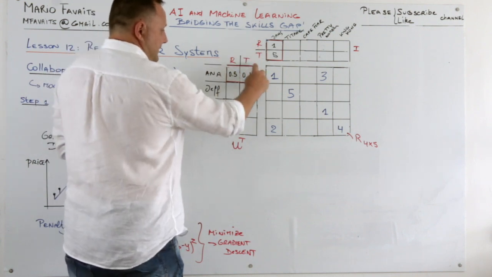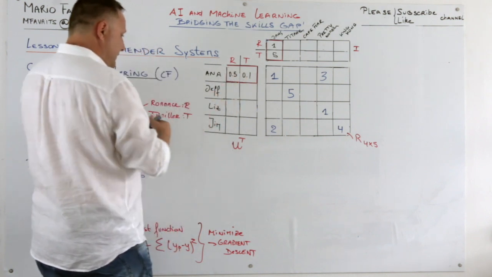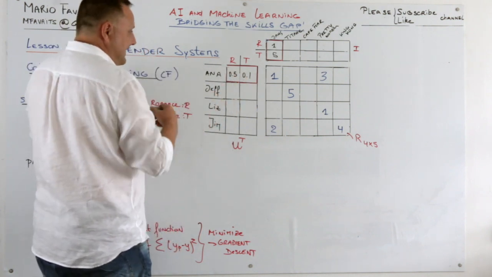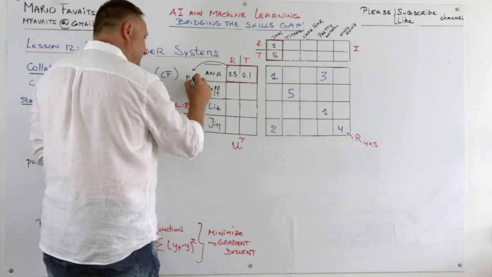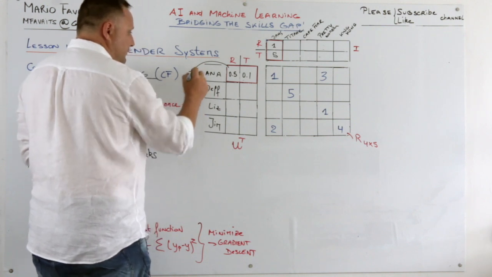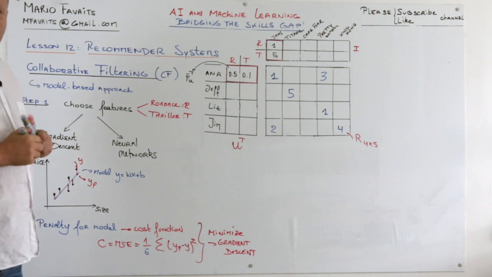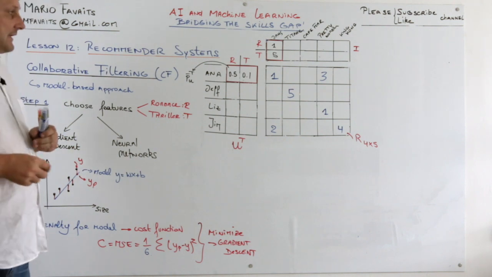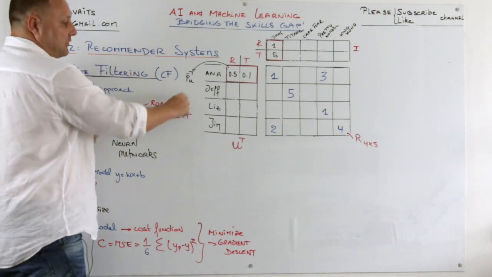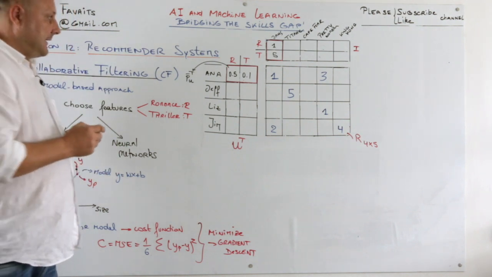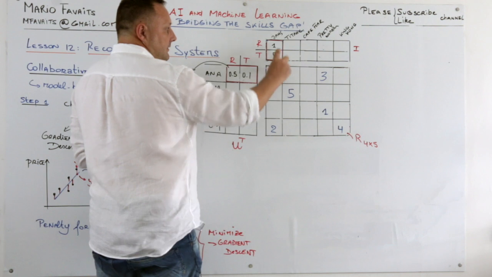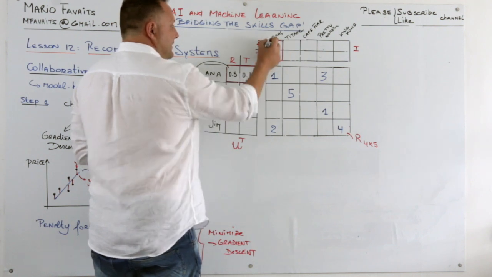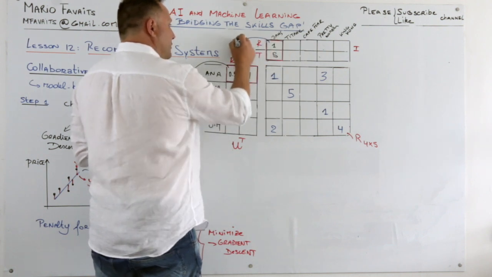So this red rectangle here is a vector that we will call P_u transpose. Now, because we want the vector to be a column, and this is a row, we transpose. And then here, this vector for Jaws, we will call Q_i.